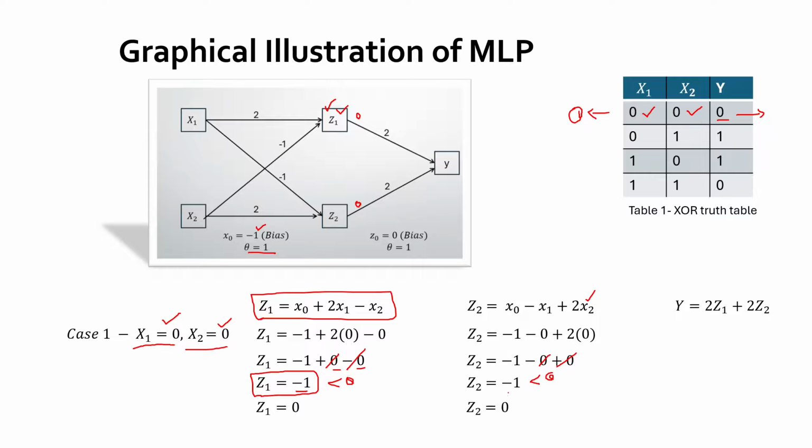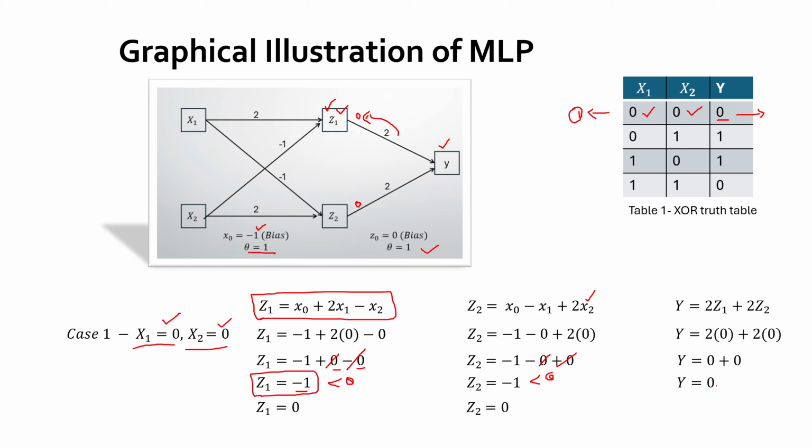Okay. Now at the output node, in the output layer, the neuron y, the weighted summation will be calculated as 2 multiplied by 0, the input coming from z1, plus 2 of 0, which is 0 plus 0, which is 0, and the threshold is 1.